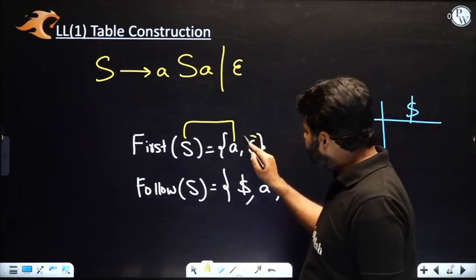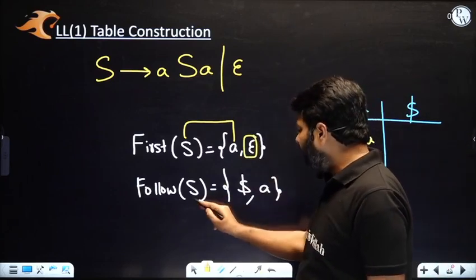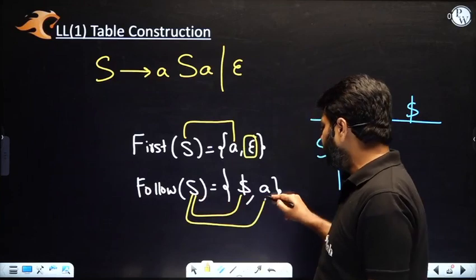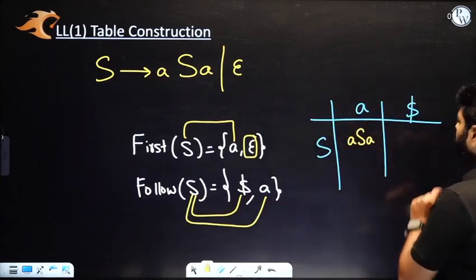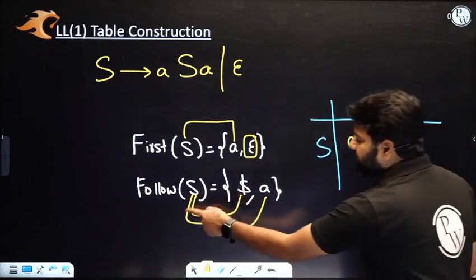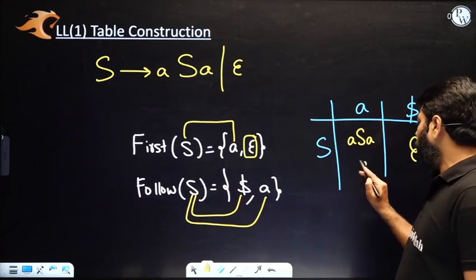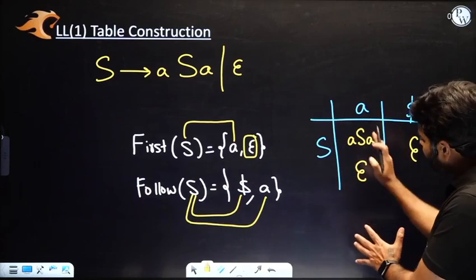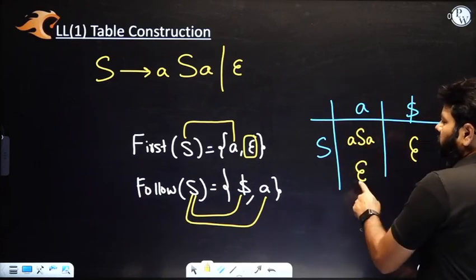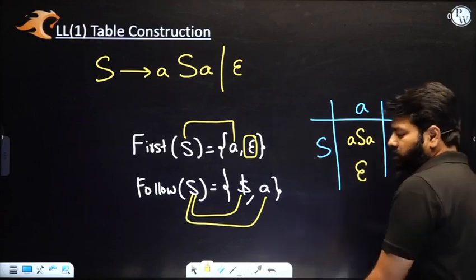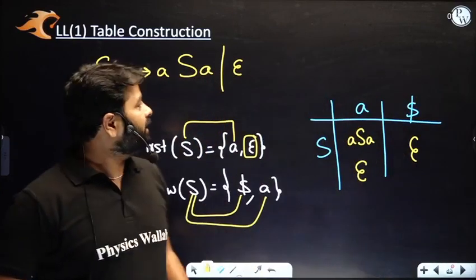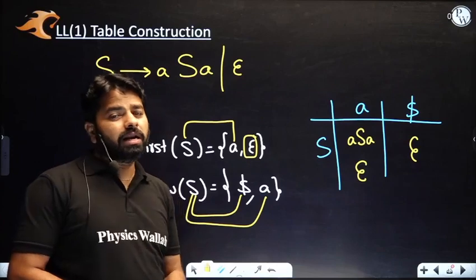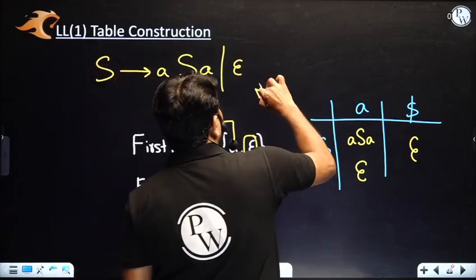And because of this epsilon, you need to look at S comma dollar and S comma A. In both you write epsilon, the null rule. See, in this entry you have two productions, S derives A S A and S derives epsilon. That means the given grammar is not LL1.